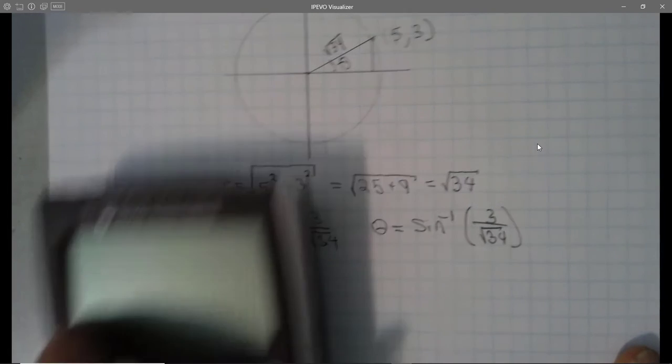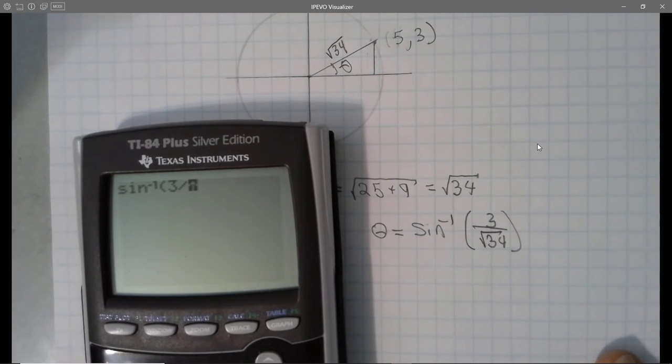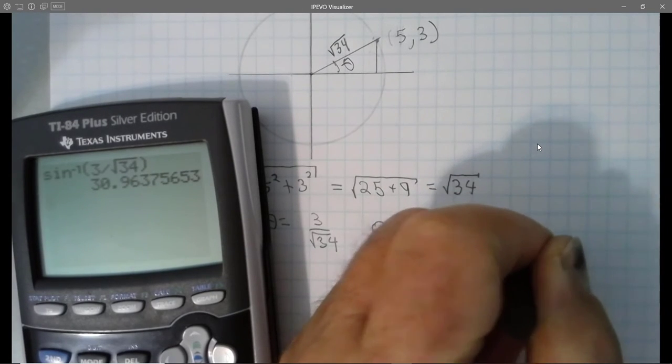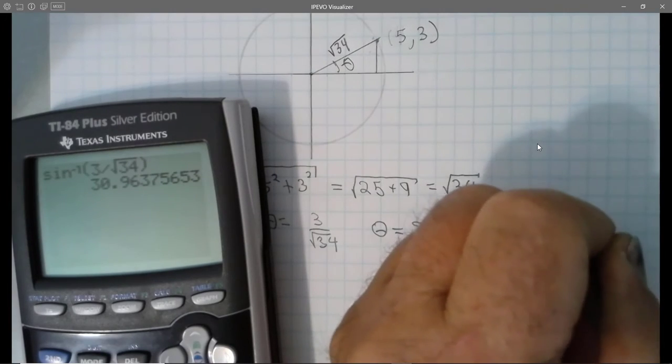Now, our calculator can convert this to an acute angle quite easily. I can find the inverse sine of 3 divided by root 34, and we get just a little bit short of 31 degrees. So this is approximately 30.9638.